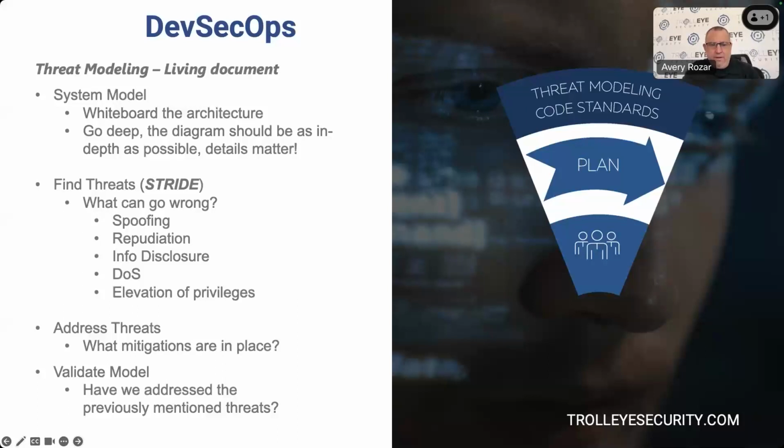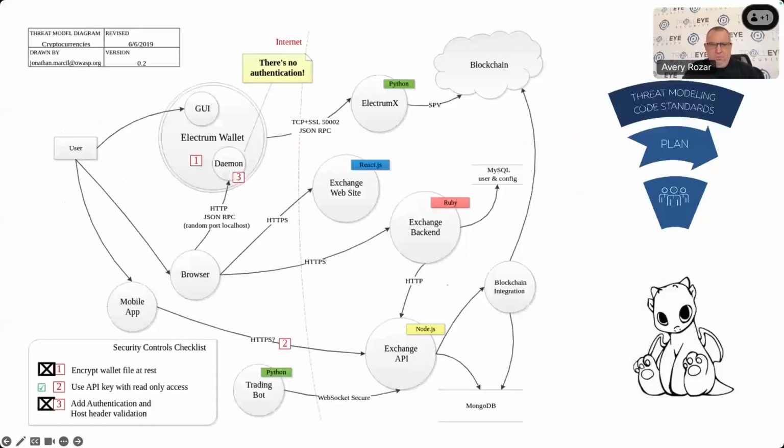So if we look at an example, this is an example of a tool that we use called OWASP Threat Dragon. Basically it's a web interface, and you build out all the different functions and features, the models, the flows, everything. And then down at the left-hand corner, you see a security controls checklist. There's only 3 here.